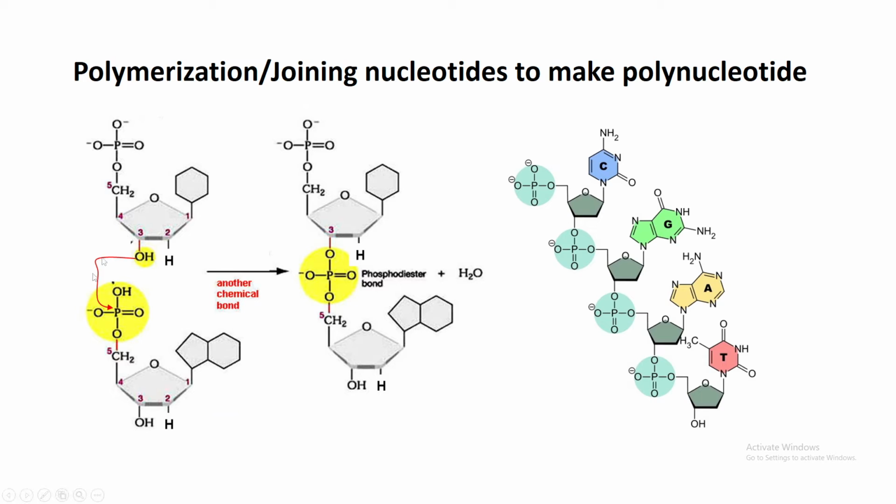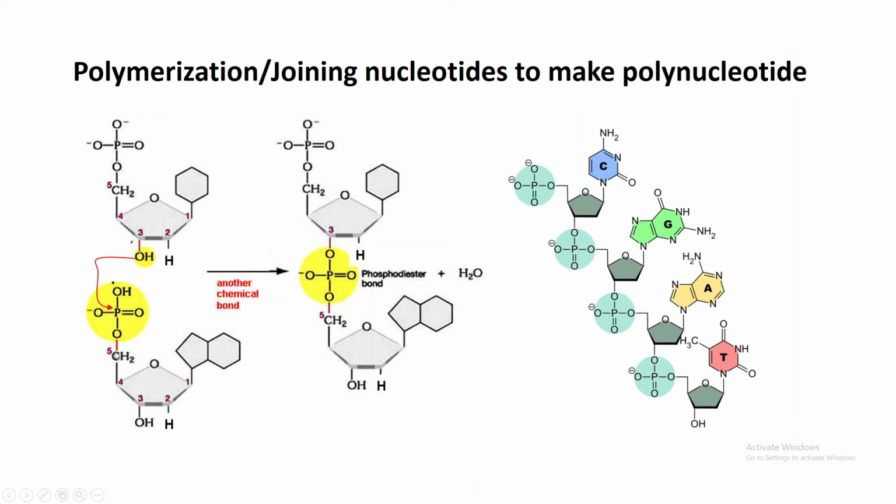So these nucleotides are joined together. That process is called polymerization. When they are joined together, they make a polynucleotide. If you can see this, a polynucleotide here, and here we have another polynucleotide.